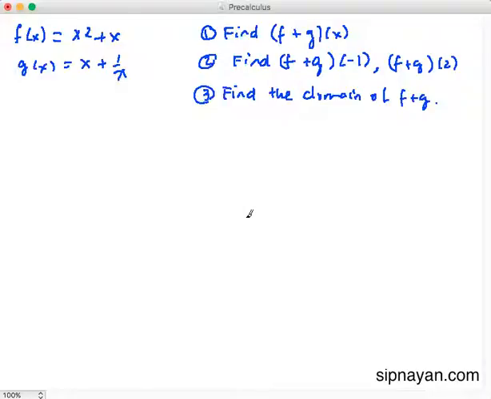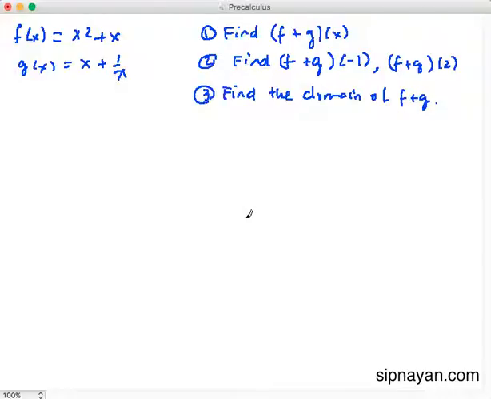Doon sa pangalawang video natin, sa Precalculus 1.35, pinag-aralan natin kung ano ba yung relationship between the domains of the original functions and the resulting functions. And sabi natin, ang domain ng resulting function is the intersection of the domains of the original functions.